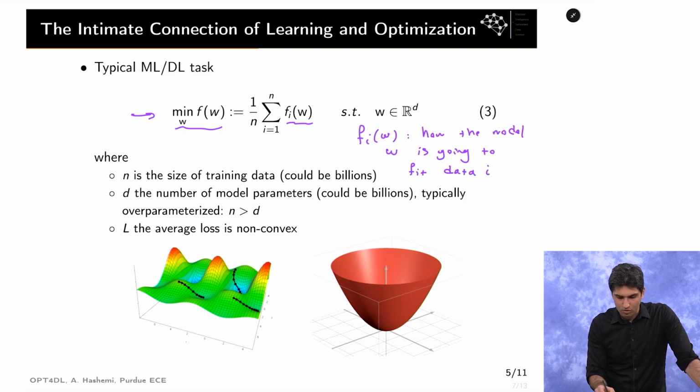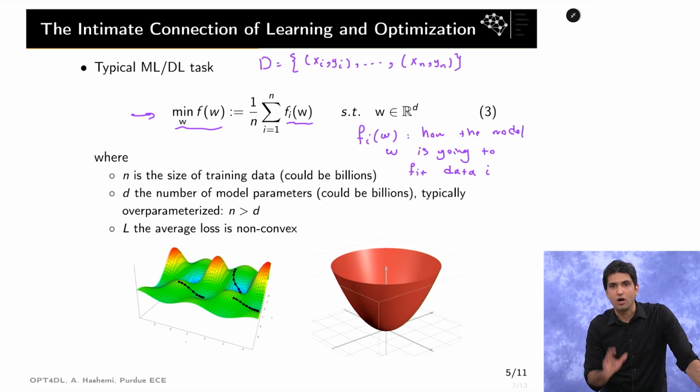In particular, I have a data set of, let's say, n samples: (x_1, y_1), ..., (x_n, y_n), and this is something we're going to talk about in our next lectures a little bit more deeply.